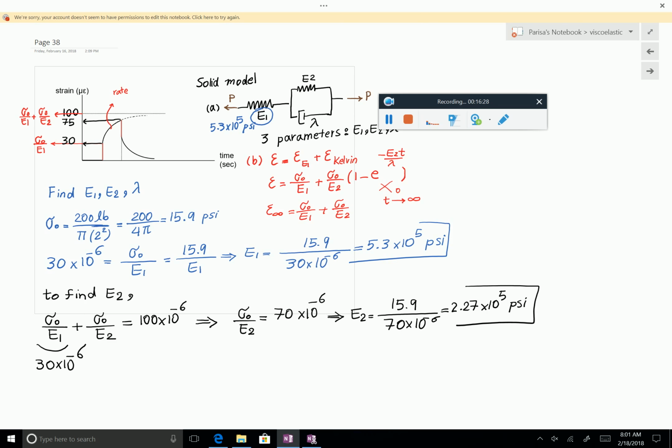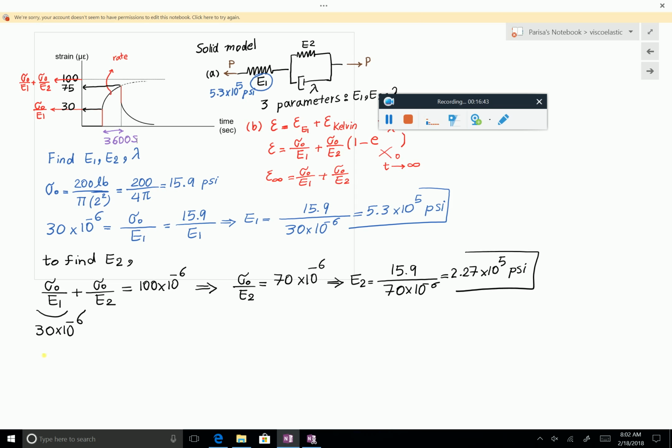How do we find lambda? Well, we know that after 1 hour, so this was 1 hour, 3600 seconds, the strain is 75. So to find lambda, we need to use this information.